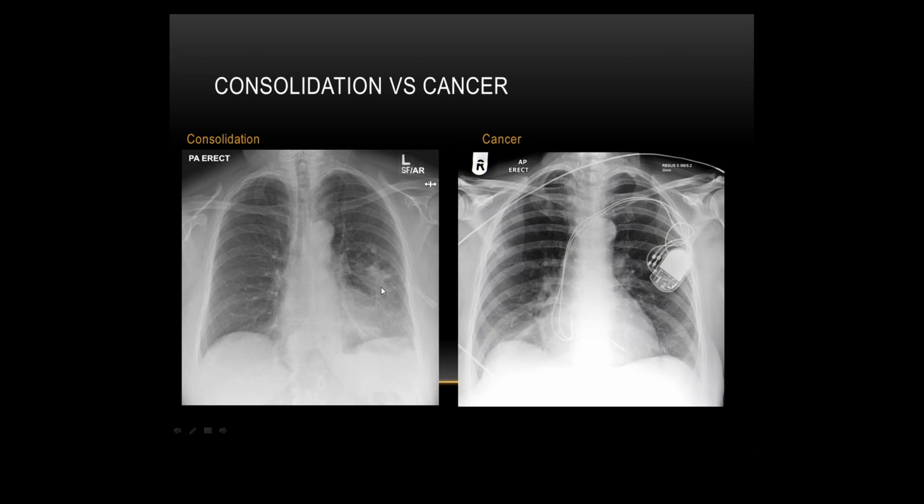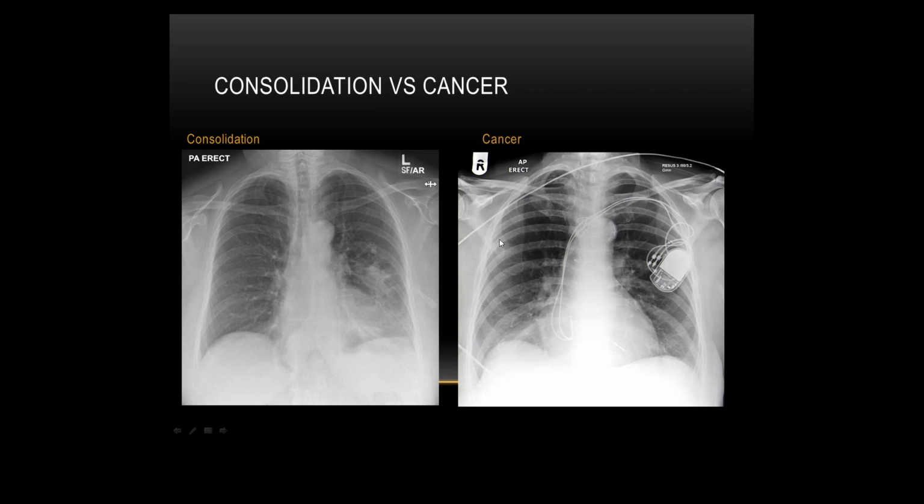If you think about it, that could essentially just be a larger version of this. When we talk about cancers on CT, we talk about them being spiculated. You could argue that that is spiculated, so why is that not a cancer? Well, the reason is we did follow up on both of these. I think they were both originally reported as inflammatory. They did a follow-up of this one, and after antibiotic treatment, it came back completely clear.